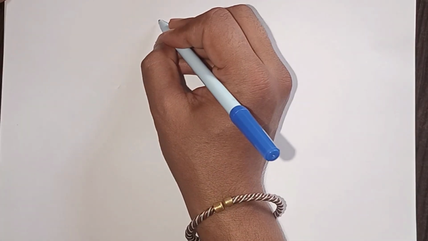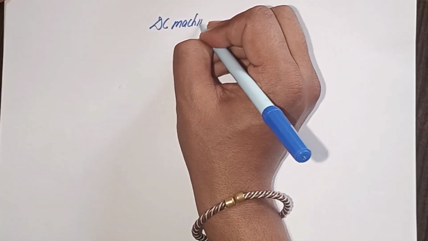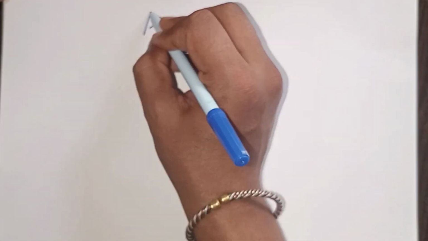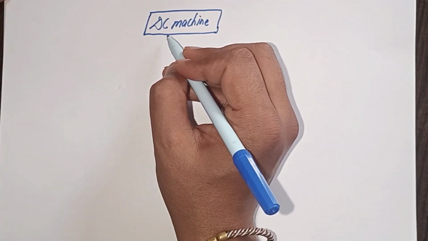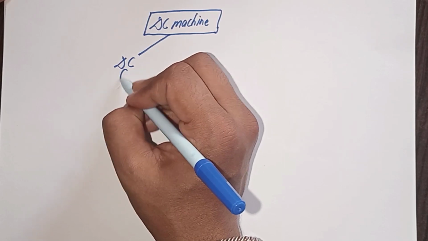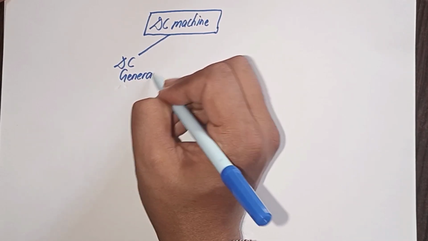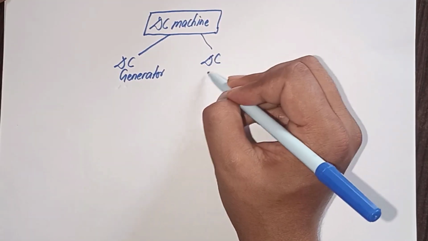Considering classification of DC machine. DC machine can be classified into two categories. First is DC generator and second is DC motor.